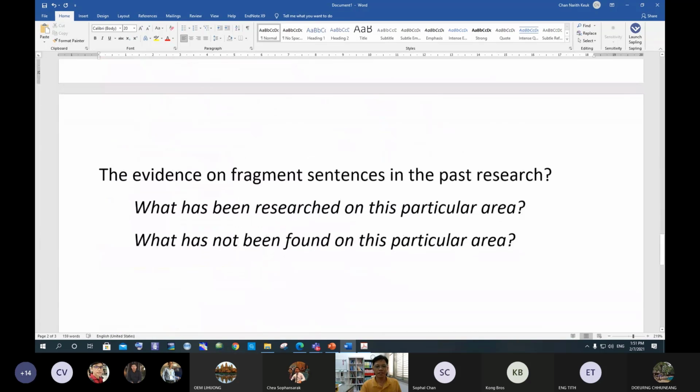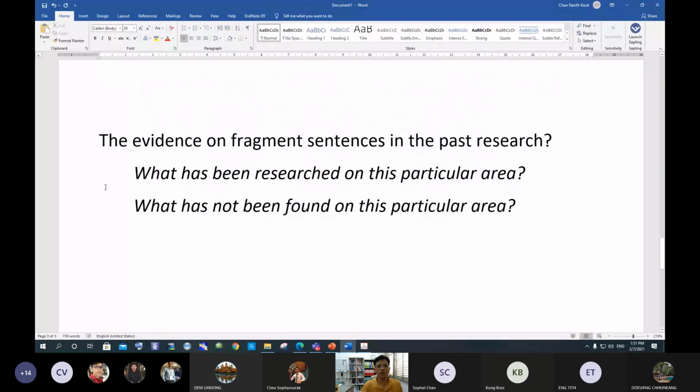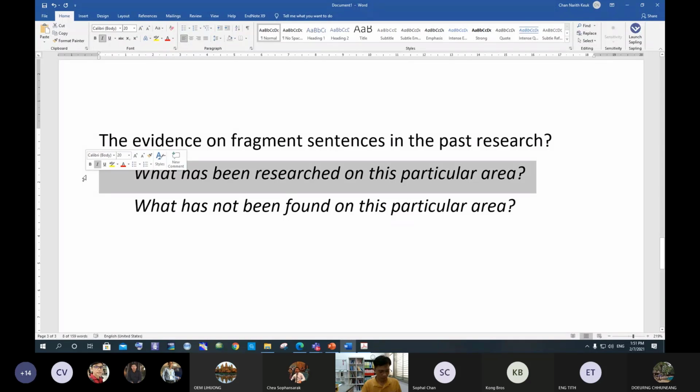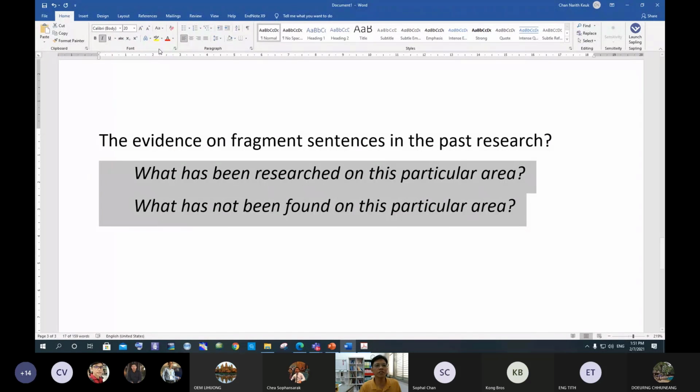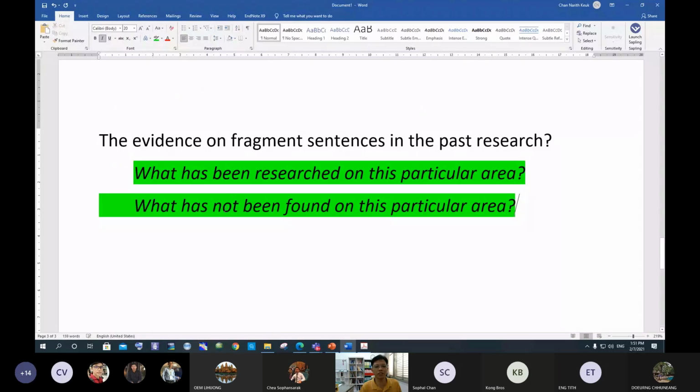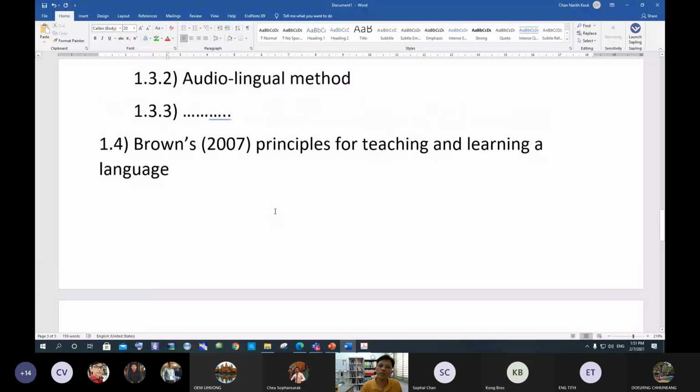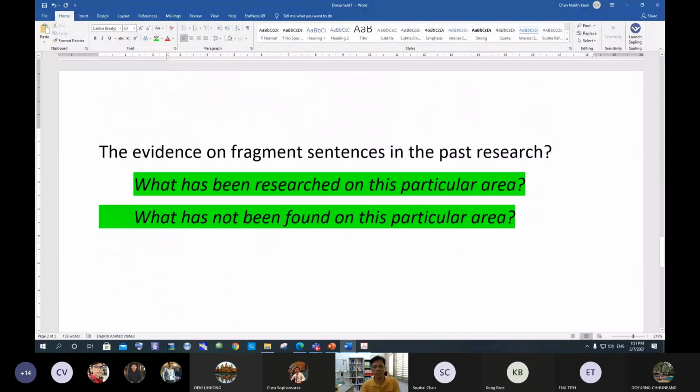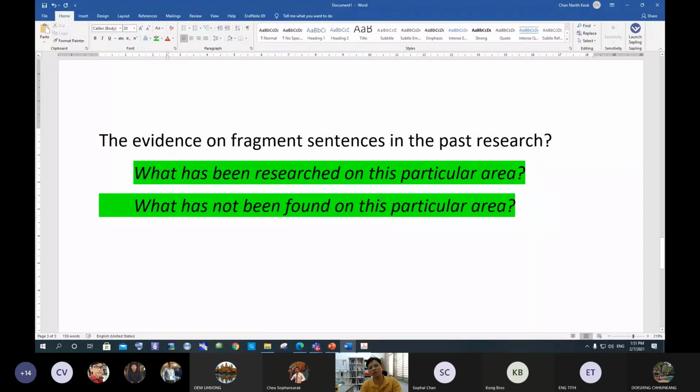Then in here, what has been researched and what has not been researched yet is, to answer this question, the evidence on fragment sentences in the past research.